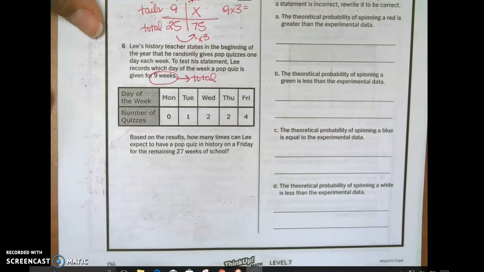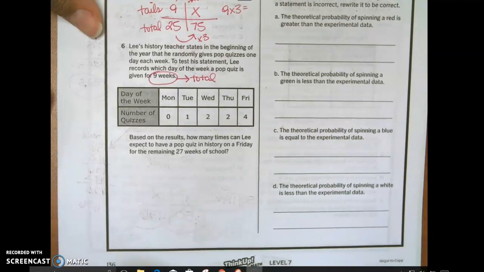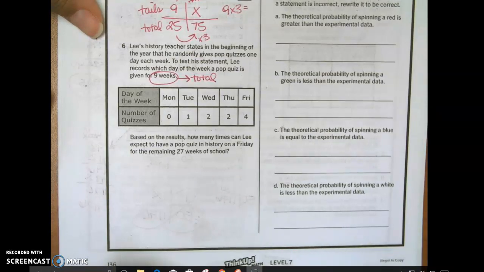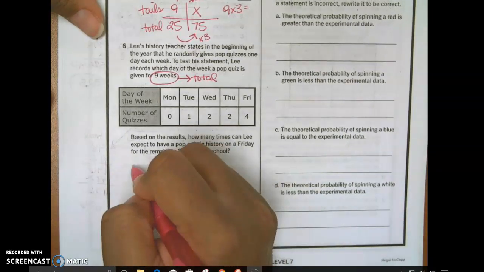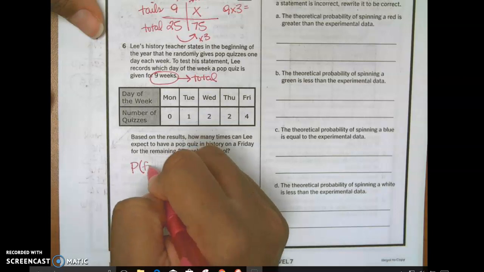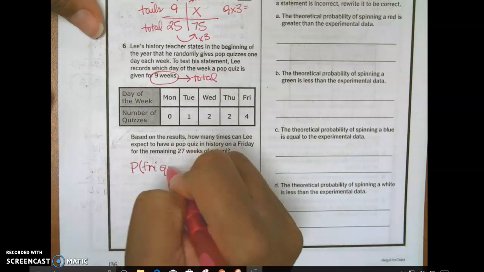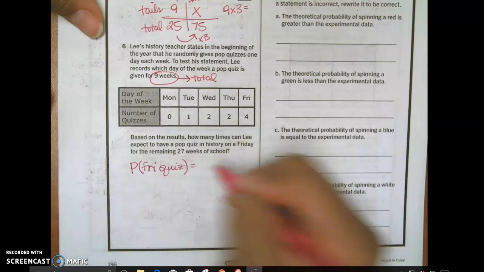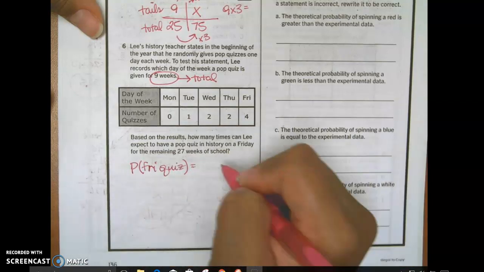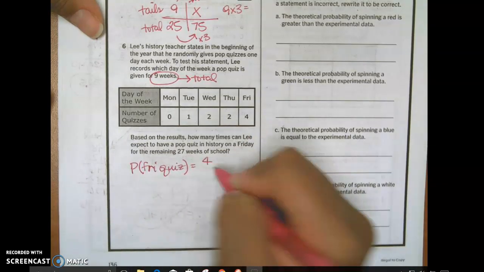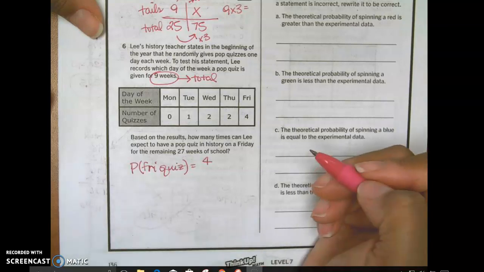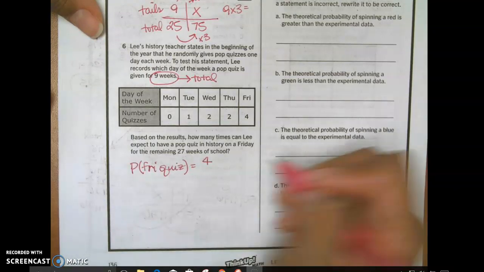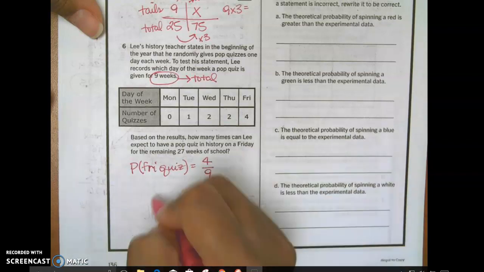Based on the results, how many times can Lee expect to have a pop quiz in history on a Friday for the remaining 27 weeks of school? Okay, how many times does he have a quiz on a Friday out of the 9 weeks? 4 times. So what do I write? Probability of a Friday quiz is what? 4 out of 9.